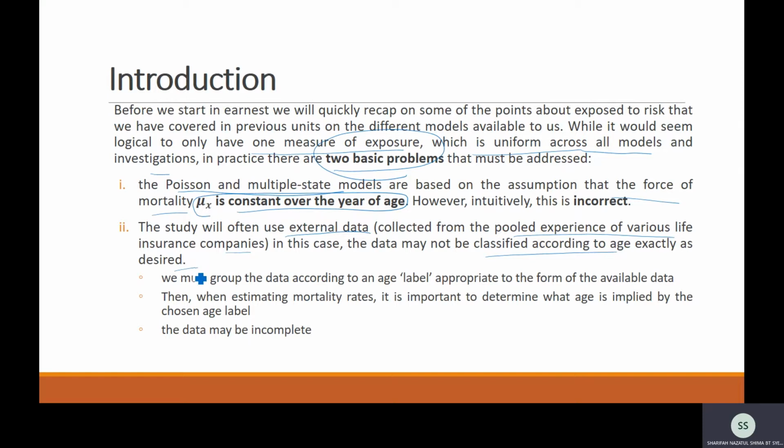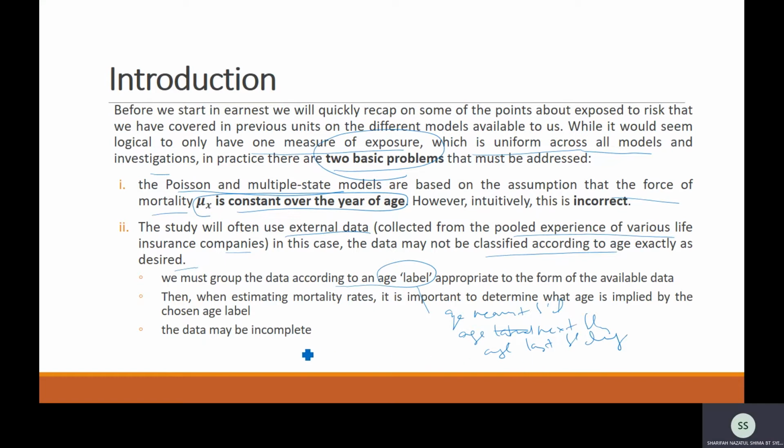So we must group the data according to the age level labels appropriate to the form of the available data. Age level means age nearest birthday, age next birthday, or age last birthday.